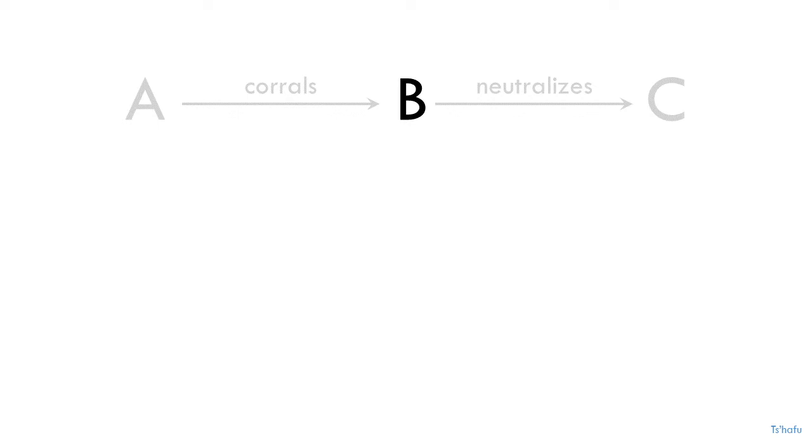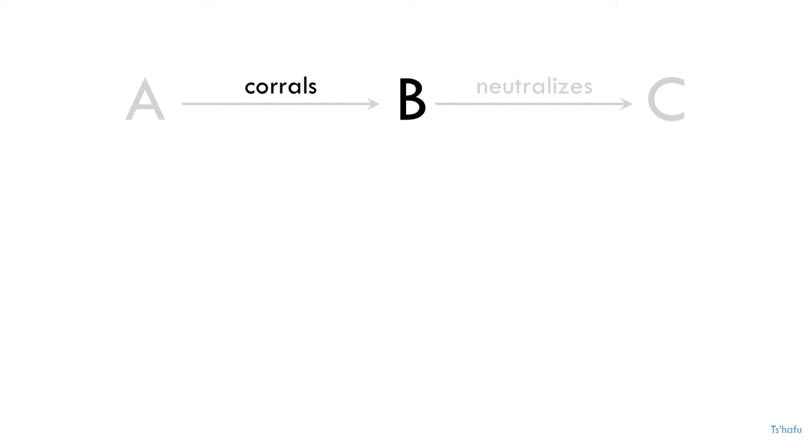Even though it's just an object, there actually is a lot of information embedded in the relationships here. We know a lot about B just by way of the relationships. The first thing we know about B is that B is being corralled. And what that means is, for something to be corralled, it must be dispersed so it can be brought together. That's what it means to be corralled, or to corral: to bring something together. So the way we can think about B is the following.